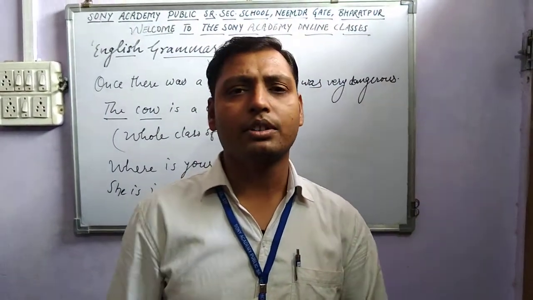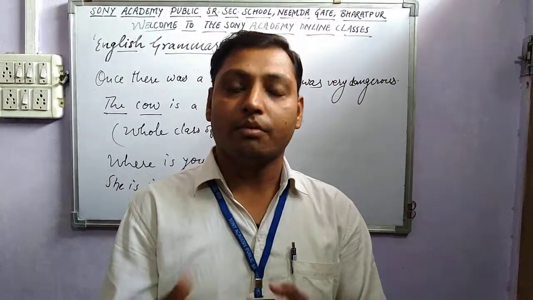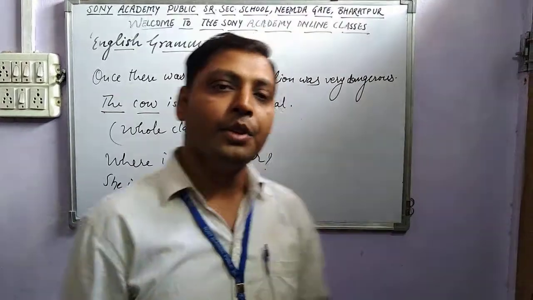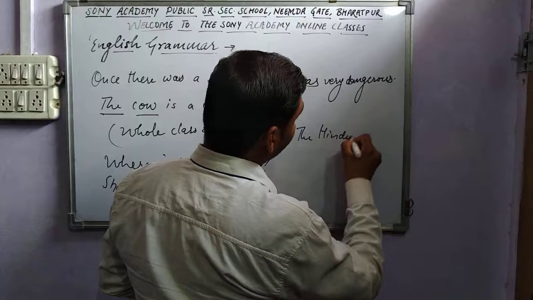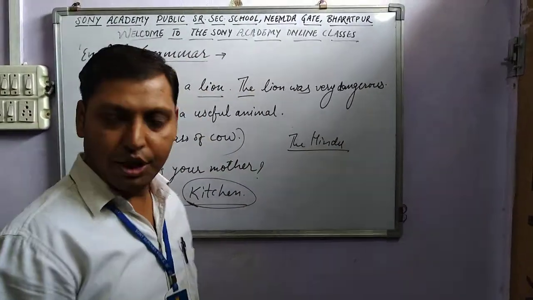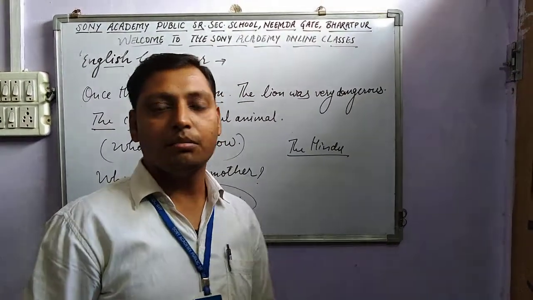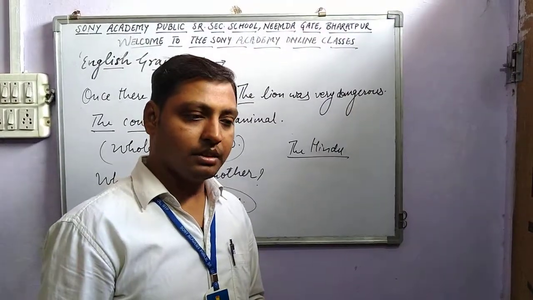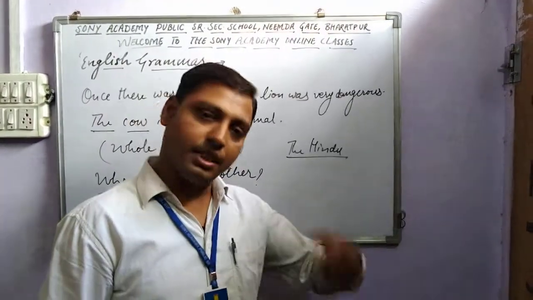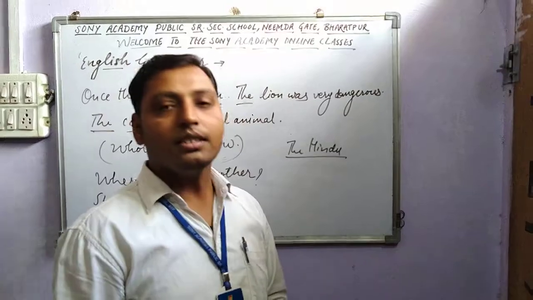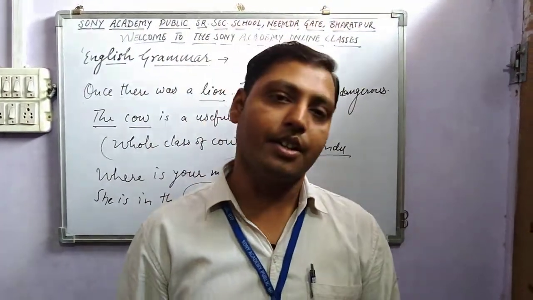These are the holy books, and we can also use the before the names of newspapers, like the Hindu. The Hindu is the name of a newspaper. We can use the article before a magazine as well, like the Outlook, the India Today. So these are the important facts about the definite article.